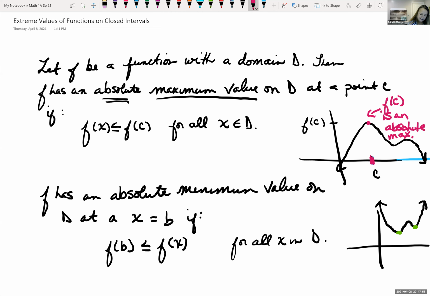We have one max. That would be a local max. It wouldn't have an absolute. But this one has the smallest value right here, f of b. So f of b would be considered, in this case, an absolute minimum value. So that's what it means to be an absolute max or an absolute min.